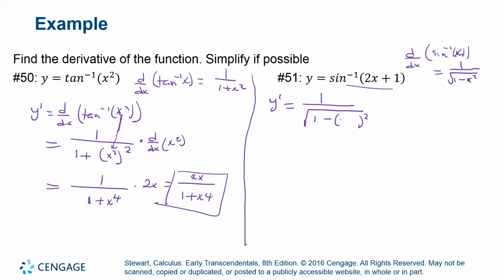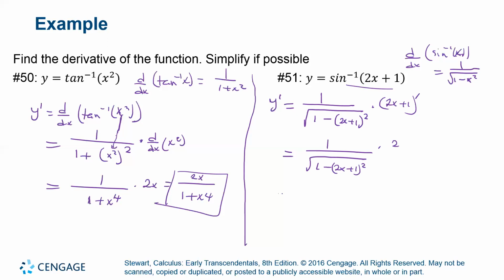Now my x in this case will be 2x plus 1, then times the derivative of that expression. So this is equal to 1 over the square root of 1 minus (2x plus 1) squared, times 2.